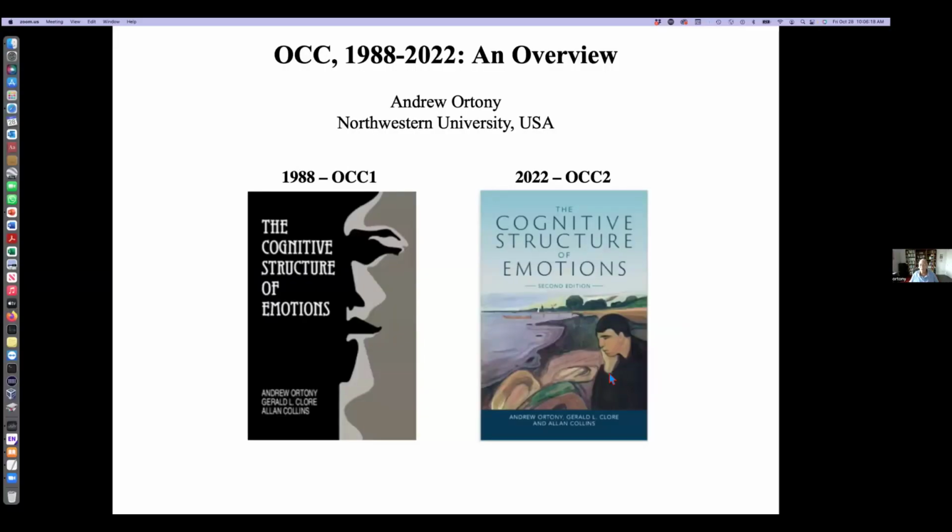Well, thank you, Lola. Hello, everybody from sunny New York, just north of New York City. Ordinarily, I'd say it's a pleasure to be here, but I've been here anyway, so that doesn't work on Zoom. Thank you for inviting me. I'll do the best I can to give you some sort of perspective on the OCC model.